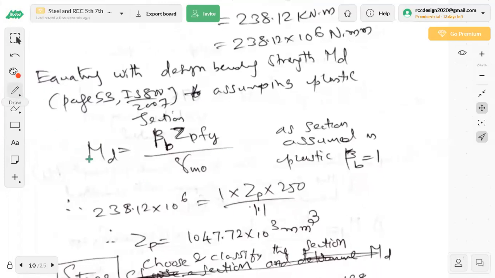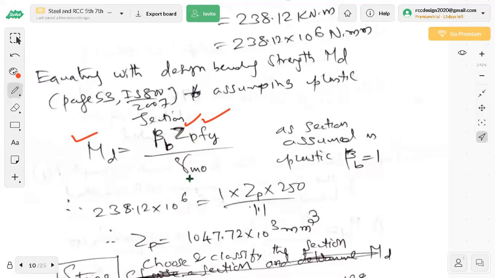Simple equation is there. Moment of resistance equal to sigma Z. From strength of materials, what I know, moment of resistance is equal to sigma into Z. Here, since it is a steel structures subject, I am going to design it by plastic theory. In place of Z, I am writing Zp.